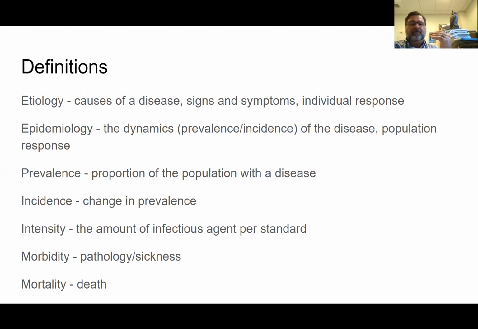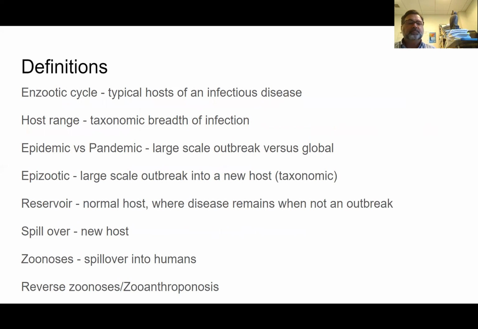Or if it's ticks, it would be the number of ticks per individual that you're looking at. Diseases have a certain morbidity rate, which would be how sick it makes you and the number of individuals that get sick. And it has a mortality rate. So diseases can cause death, and the mortality rate is the rate at which organisms die from having a particular disease.